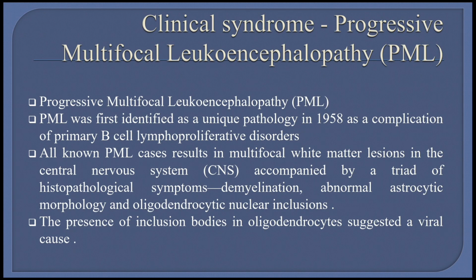All known PML cases result in multifocal white matter lesions in the central nervous system, accompanied by the triad of histopathological features: demyelination, abnormal astrocytic morphology, and oligodendrocytic nuclear inclusions. The presence of inclusion bodies in oligodendrocytes suggested a viral cause.